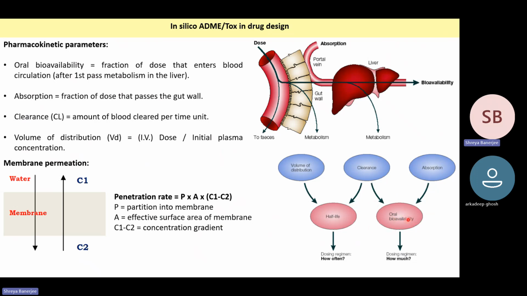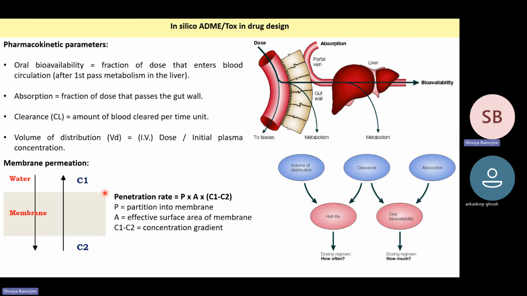So that gives you an idea of how much the dosage must be. If the fraction of the dose entering the blood circulation is low, that means a huge amount of drug must be consumed for the concentration to be high enough to have any activity. Again, that is not practically feasible. So these pharmacokinetic parameters are very important while developing any drug.